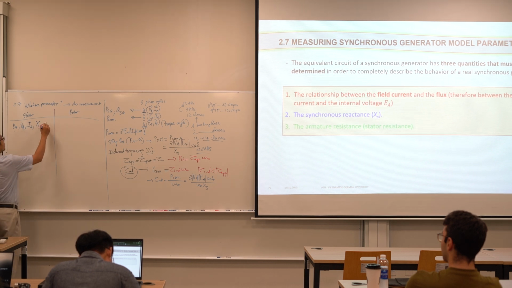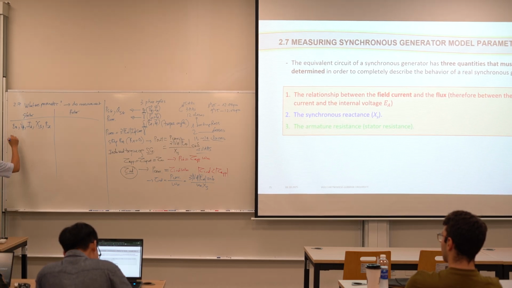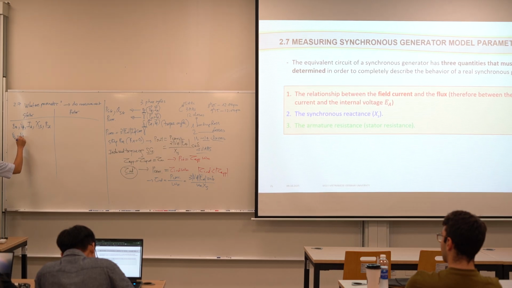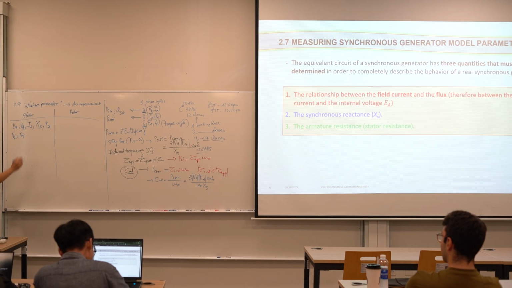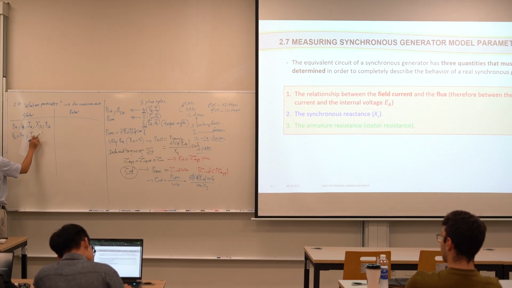If we consider the line voltage, we have VL or V terminal, that means the terminal voltage of the stator. We have IL. This is phase current, phase voltage. This is line current, line voltage.